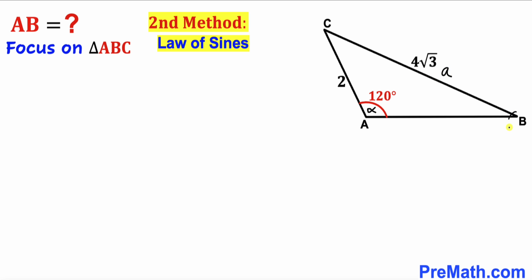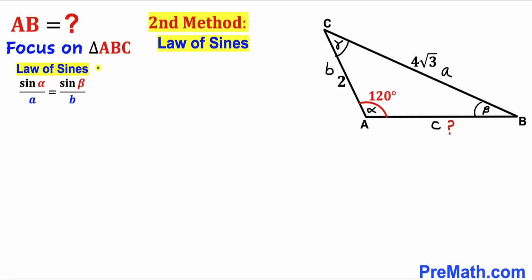For this vertex B, I'm going to call this angle beta, and the side opposite is going to be lowercase b. And finally, this angle is going to be gamma, and this opposite side length is going to be lowercase c. And now our task is to find the value of this side length AB, which is represented by c.